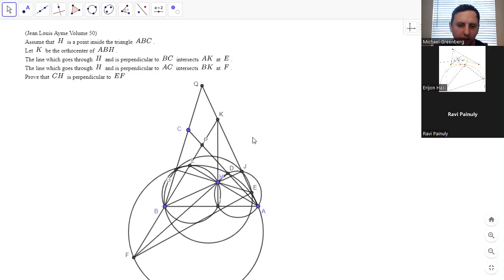Let's see. CH is perpendicular to EF. That's what we want to show. How else would we do it? Are there any similar triangles?